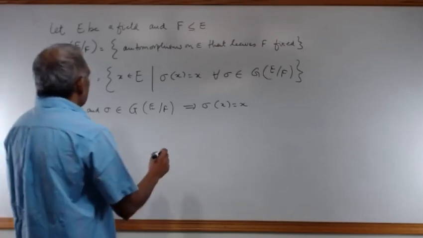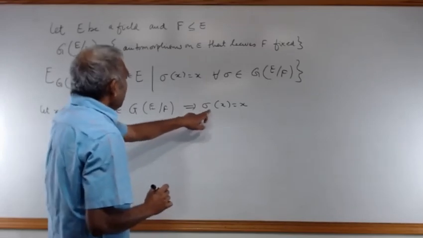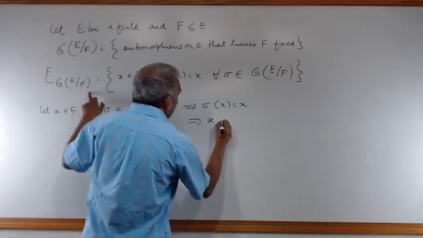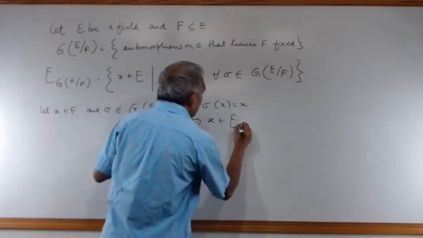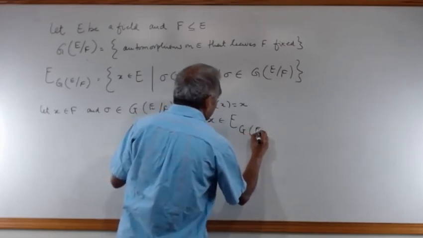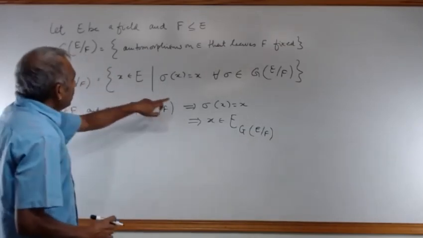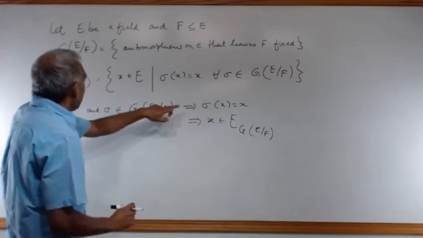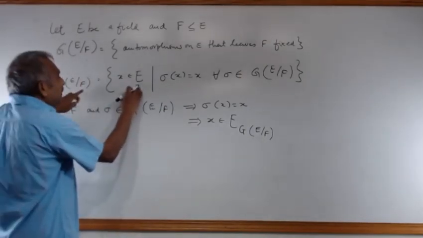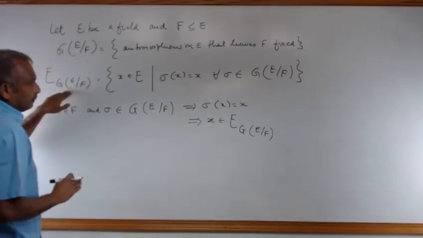And this means that x belongs to the fixed field of G of E over F, because this fixed field contains all x that are fixed by elements from here.